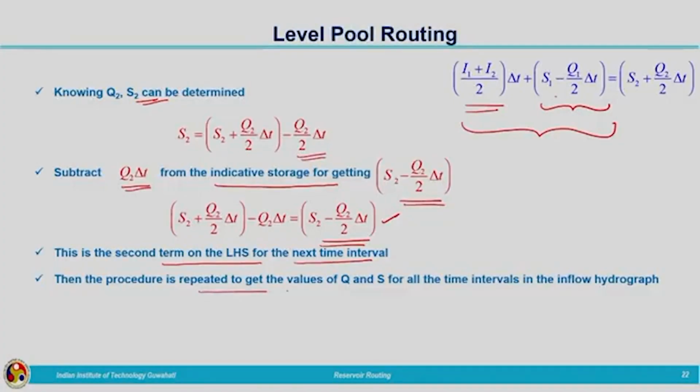So, the procedure is repeated to get the values of Q and S for all the time intervals in the inflow hydrograph. By following these steps, we can calculate the outflow hydrograph, and storage versus time, for different time intervals. A direct Q versus S relationship is not given to us, but we have the relationship of how the storage varies with respect to water surface elevation, and also how the outflow varies with respect to water surface elevation. Those are known values.